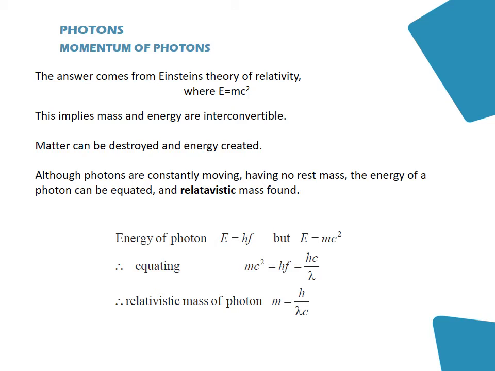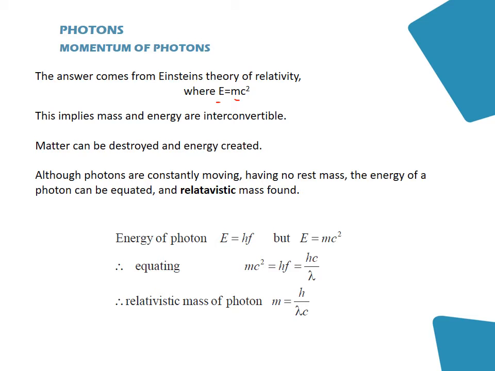So E is equal to mc squared. Now we have E on one side of our equation and we have mass on the other. So that implies that both mass and energy are interconvertible. If one decreases or is lost, then it can be re-represented as the other. So in terms of his equation, matter can be destroyed and energy created, which sounds counterintuitive given our knowledge of physics up until now.